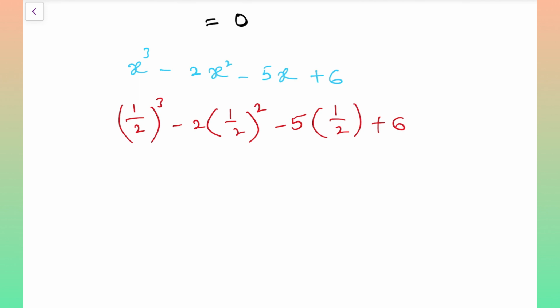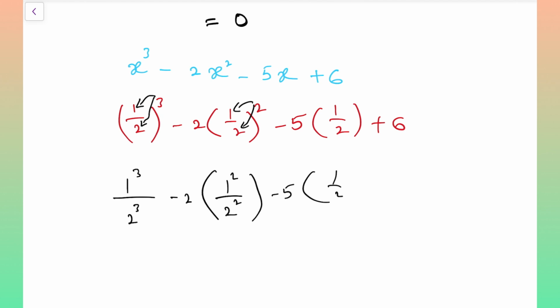What exactly does this 1 by 2 whole cube mean? This whole cube is applicable for numerator as well as for denominator. That can be written as 1 cube by 2 cube minus 2 into this square is applicable for numerator as well as for denominator, 1 square by 2 square, minus 5 into 1 by 2 plus 6 as it is.